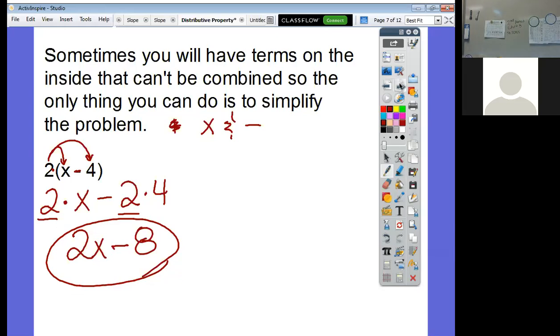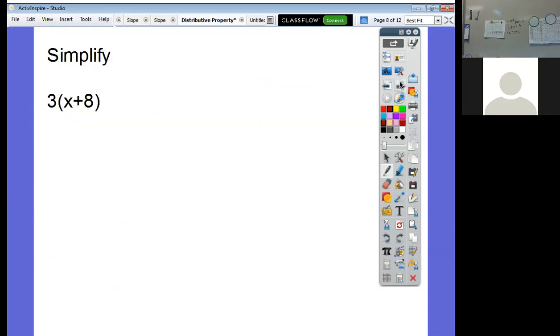All right? Take a look at this one. Okay, so here we go. Write this problem down, so at least you guys have some notes. 3 times x plus 8. All right, so here we go. This again is multiplication.